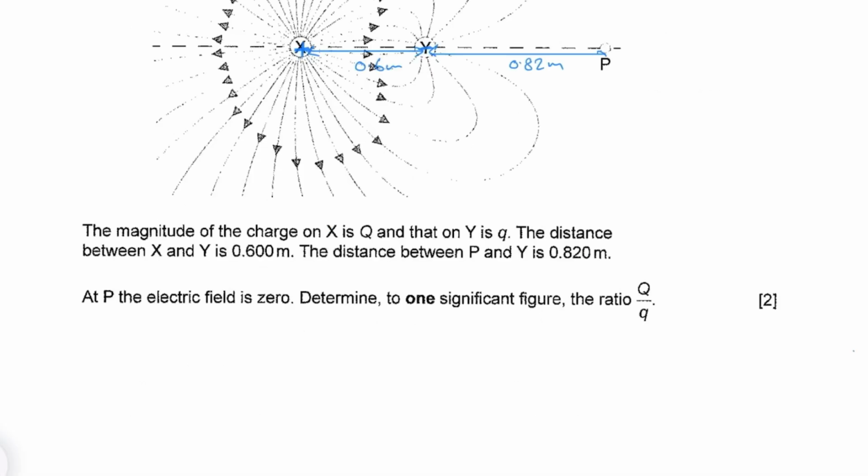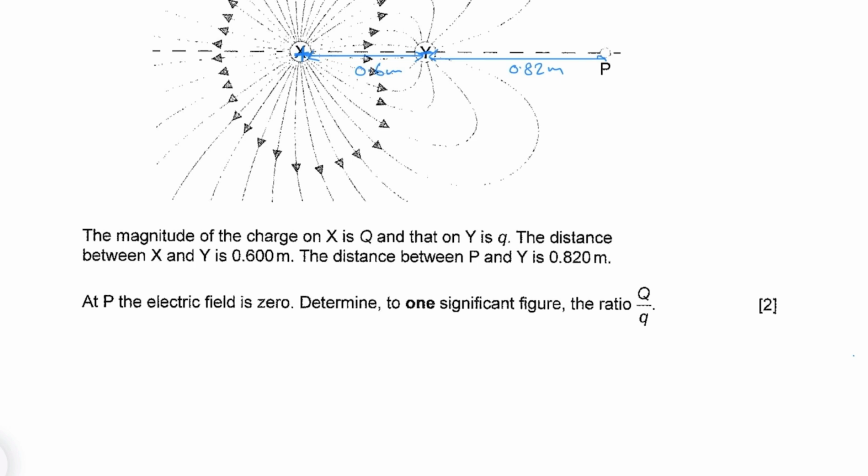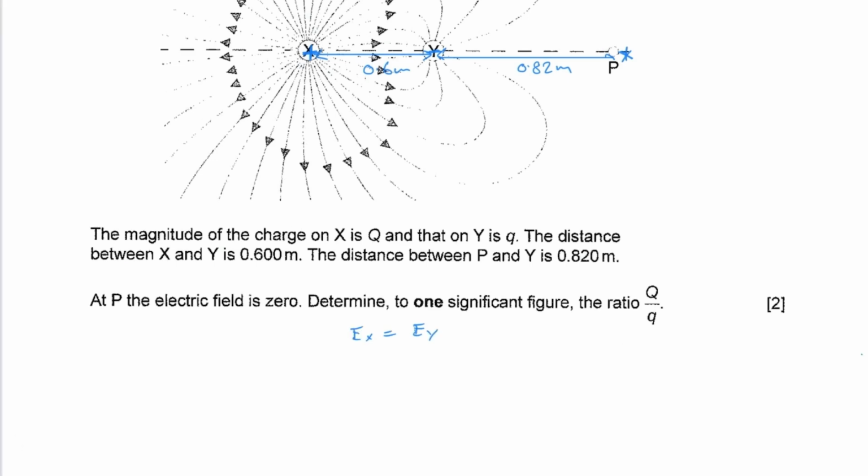At P, the electric field is 0. Determine to one significant figure the ratio Q over q. If the electric field is 0 at P, that means the electric field due to X is equal and opposite to the electric field due to Y. So EX equals EY. We're going to use the equation for the radial field strength, which is KQ over R squared.